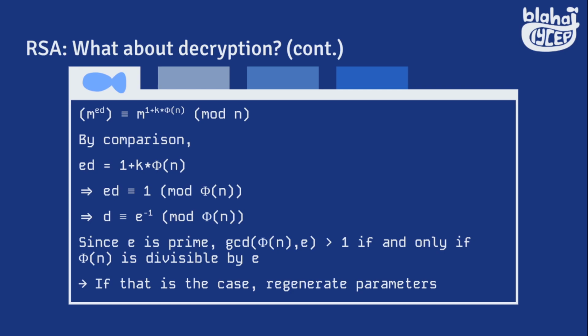So the probability of this happening is the probability of phi of n being divisible by e, which, if we recall, every e numbers have a factor of e. You all understand that so far? This means that the probability of phi of n being one of those numbers is 1 over e.